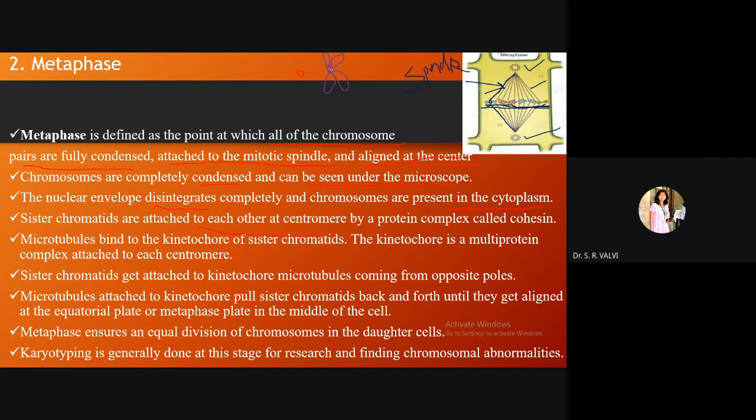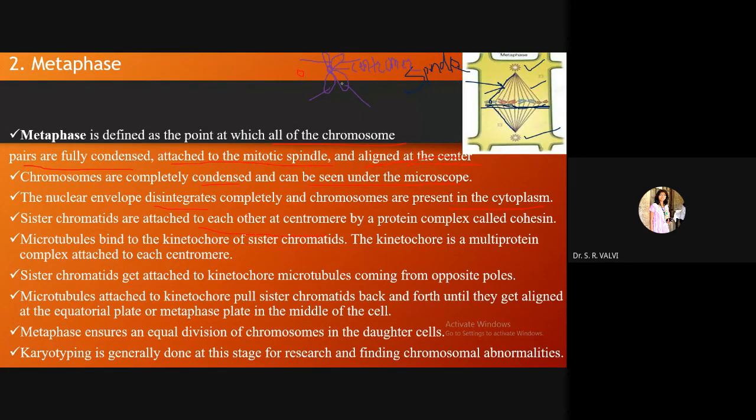This is the centromere, and these are chromatids: 1, 2, 3 and 4. These are chromatids and this centrally placed part is the centromere. Why do we call them sister chromatids?